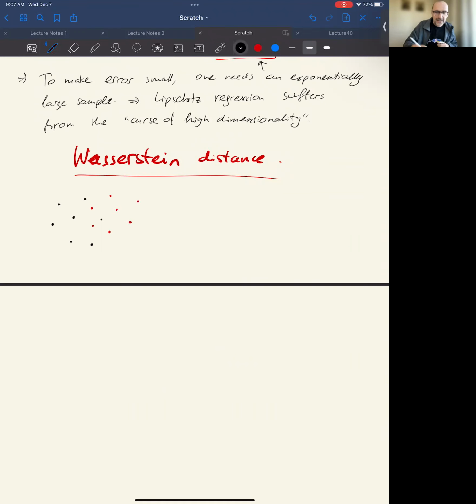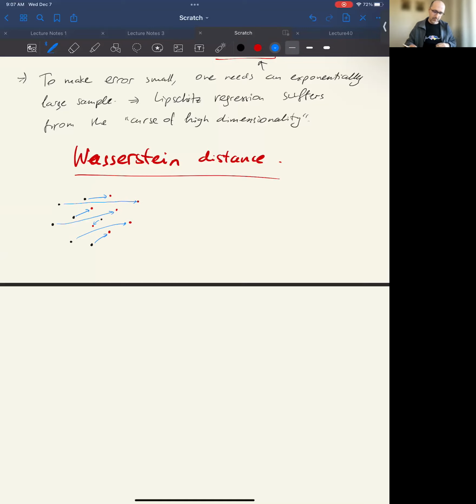The question is to match, like to marry black points to red points, so that the total distance is smallest. So imagine you want to go from black points to red points, like to transport them, and you pay for the distance transported.